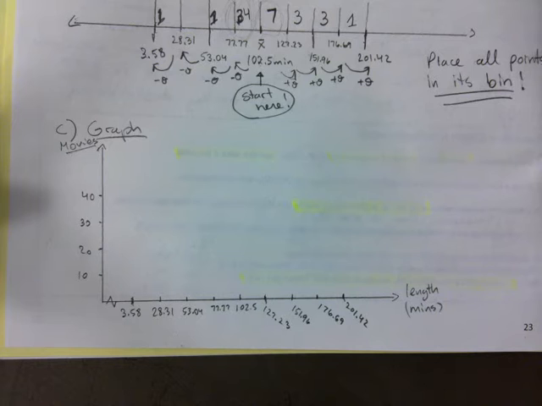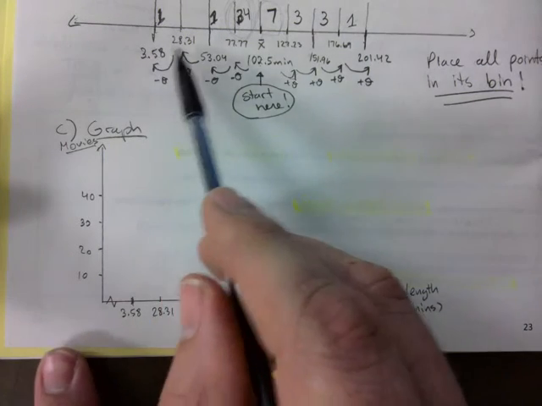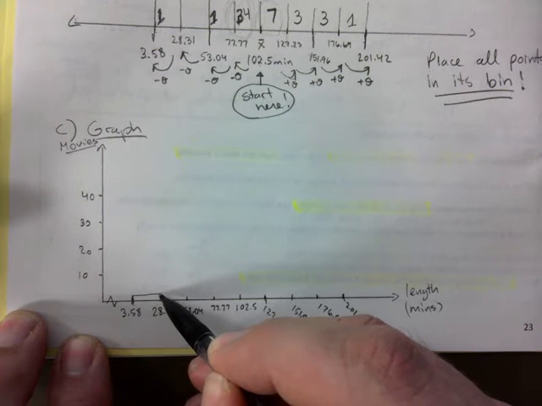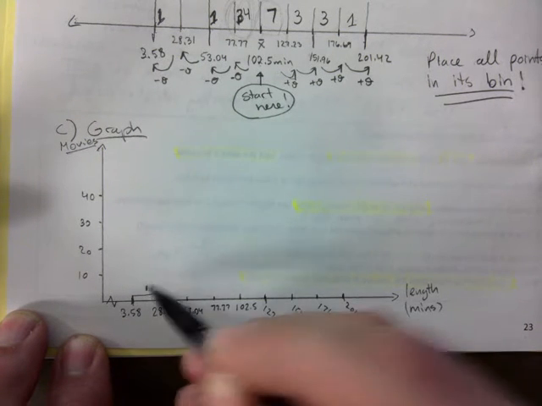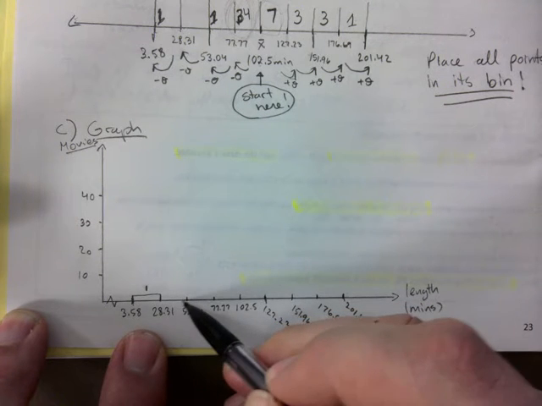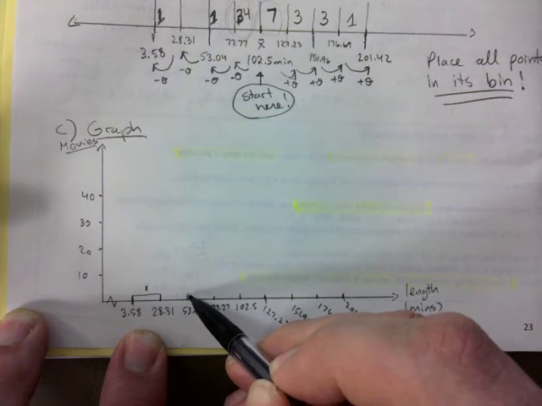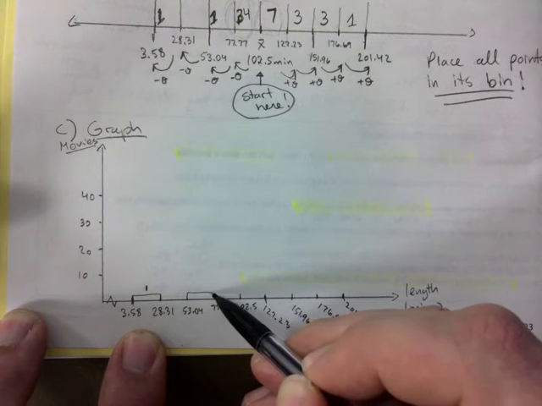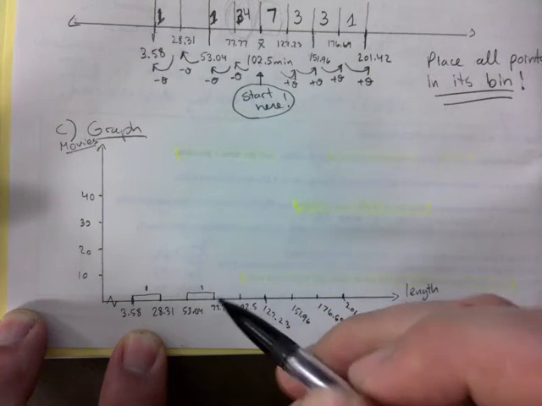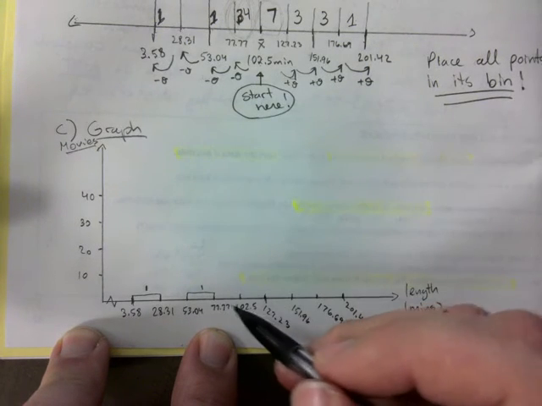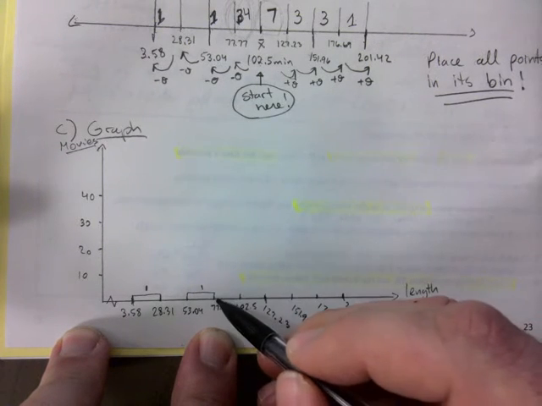And then you make your histogram. So there's one movie between 3.58 and 28.31. Right, there's one movie there. Nothing between 28.31 and 53. Then there's one again in the next category. And then you have between 77 and 102, there's 34.